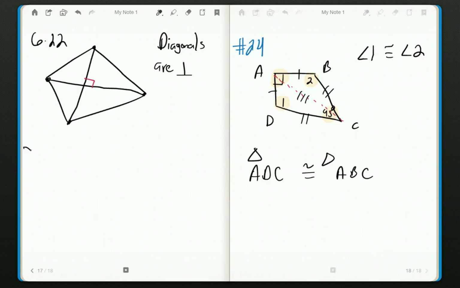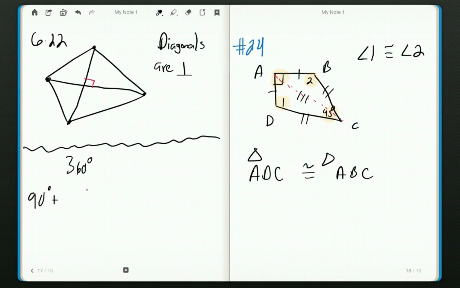Now the sum of the interior angles for a quadrilateral is 360 degrees. So if I take the 90 degrees, which is angle A, plus angle 1 plus angle 2, which are basically the same, I can call angle 1 and angle 2 x so we can make an equation. So I have two of those. I have angle A, which is 90, plus angle 1 and 2, which we're going to call x, plus the last angle, which is 45.